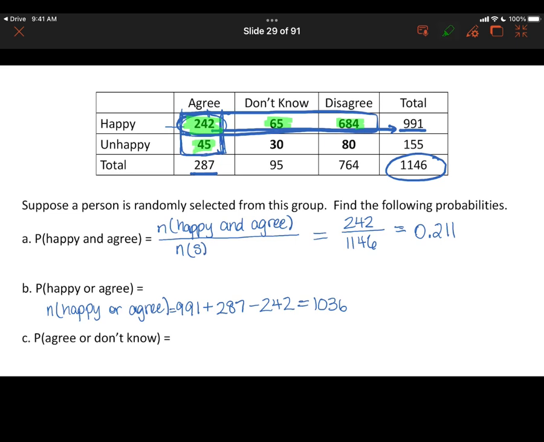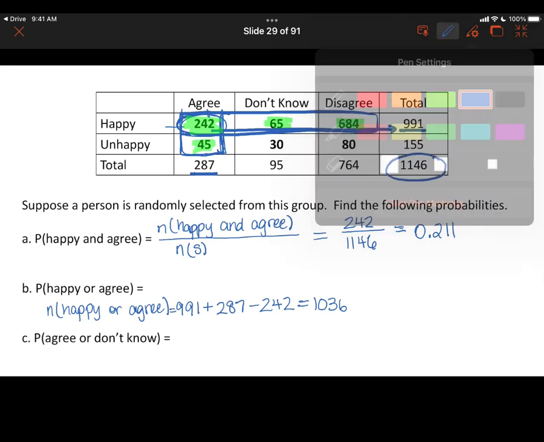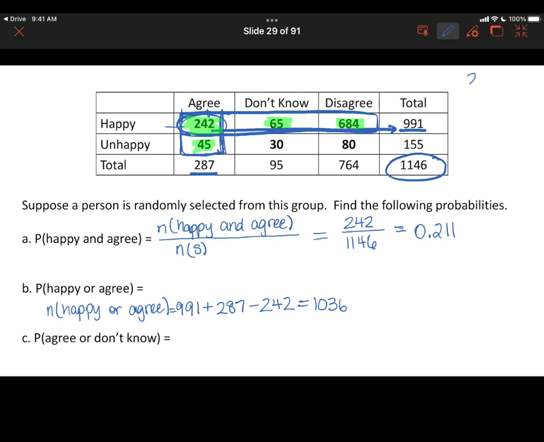So if I were to add those numbers up, let's do that over here. 242 plus 65 plus 684 plus 45. I get 1,036. That's the same number that I got below here. So you can find that number either way. Either way, that's the number that are happy or agree.